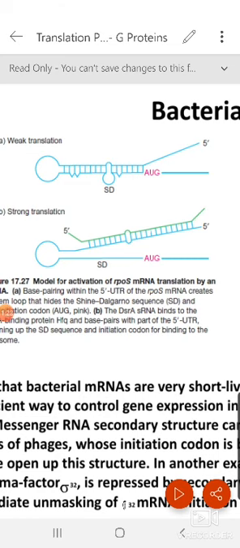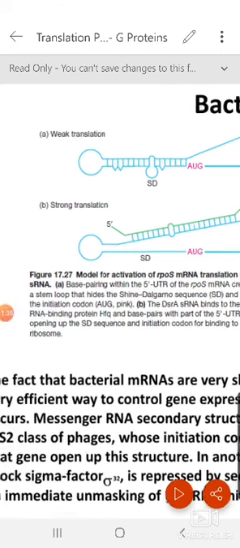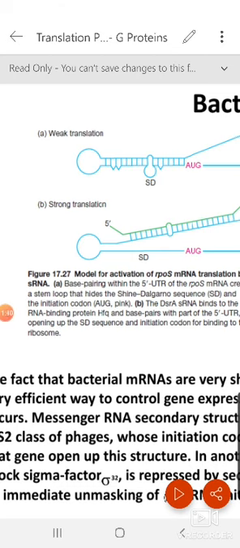The regular one is sigma 70. RPOS codes for sigma 38, which plays a crucial role in stress-related situations. If there is stress for the bacteria, they switch the sigma from 70 to 38.